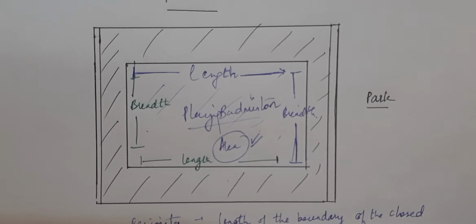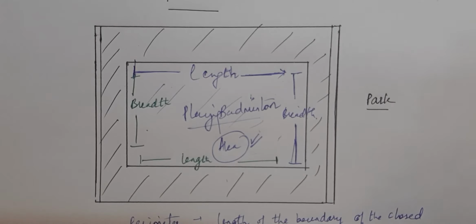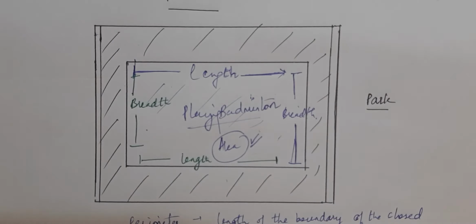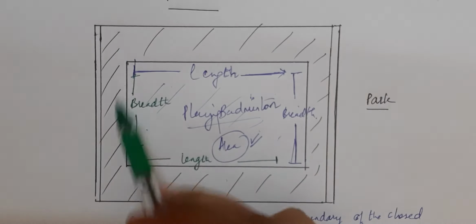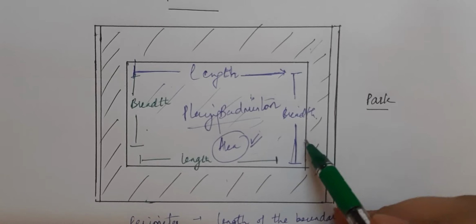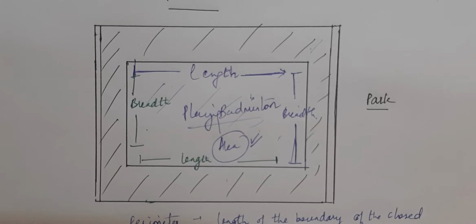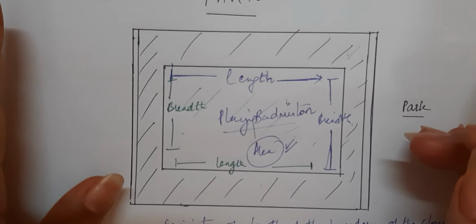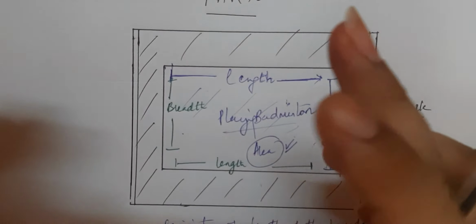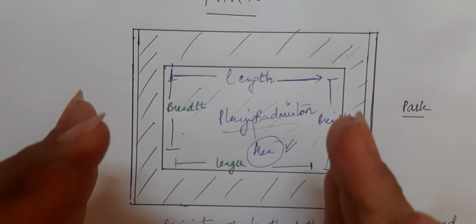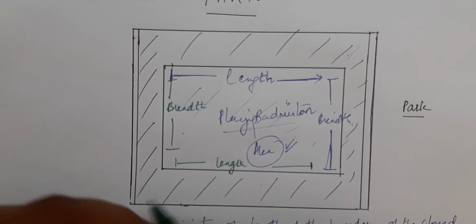Now suppose some person comes from outside and wants to know how much area the boundary covers, or how much area the pavement or the path covers. So how will I find it? I will find the length and breadth of it also. Let's suppose we take an example. I have two blocks, one bigger rectangle and one smaller rectangle. I have to find the outer side of the rectangle.